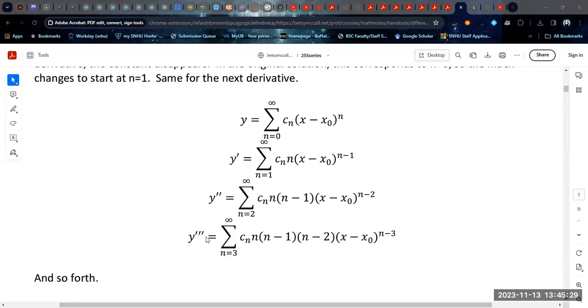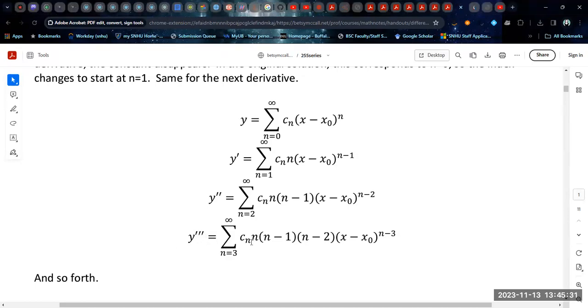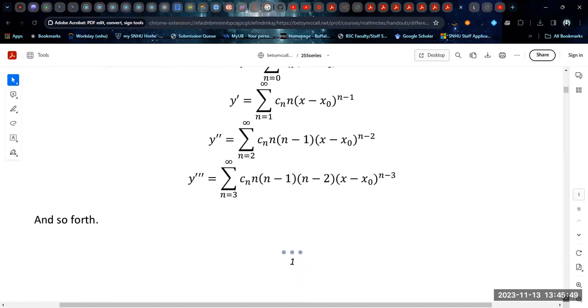Same thing for the y triple prime. We bring our n minus 2 down, we reduce our power, but then we start at n equals 3 because the n minus 2 term was now a constant to start with. So these are our standard derivatives that we're going to use as we do these examples.